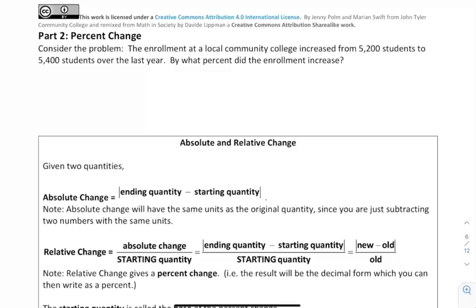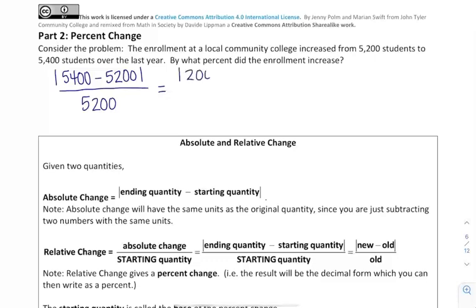So how would we calculate a question like this? Well, we are going to figure out the total difference, and we'll do an absolute value here, 5,400 minus 5,200, and we will divide by where we started, 5,200. 5,400 minus 5,200 is 200, and since that is positive, our absolute value will be 200.